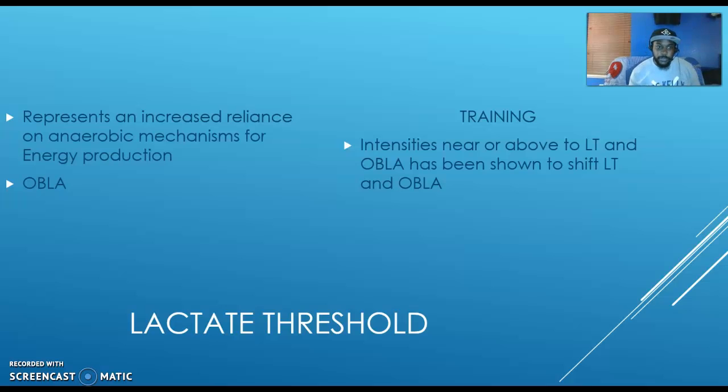As far as the lactate threshold goes, it begins at about 50 to 60% maximum oxygen uptake in untrained individuals, and in trained people, 70 to 80%, especially in aerobically trained individuals.